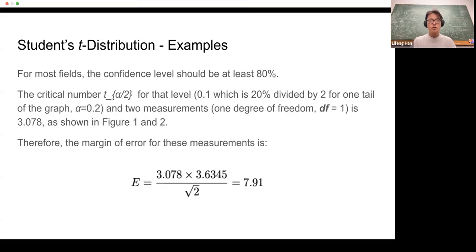For most fields, the confidence level should be at least 80%. The critical number T for that level and the 2 measurements is 3.078, shown in our figure 1 and 2. Therefore, the margin of error for this measurement is 7.91.